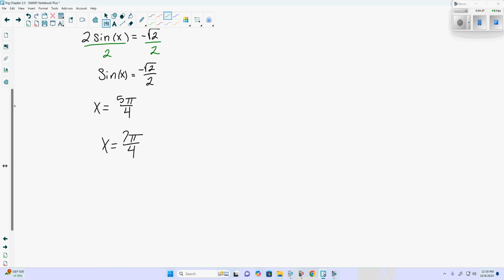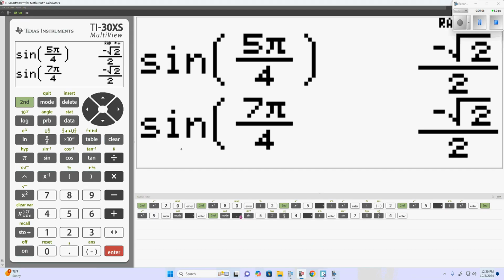Well, because of the fact that sine, cosine, tangent, secant, cotangent are cyclic functions, they repeat themselves, sine of x does indeed equal negative square root 2 over 2 at 5 pi over 4 and 7 pi over 4. But it's also true for all of its coterminal angles, any that repeat themselves, any other of those there.